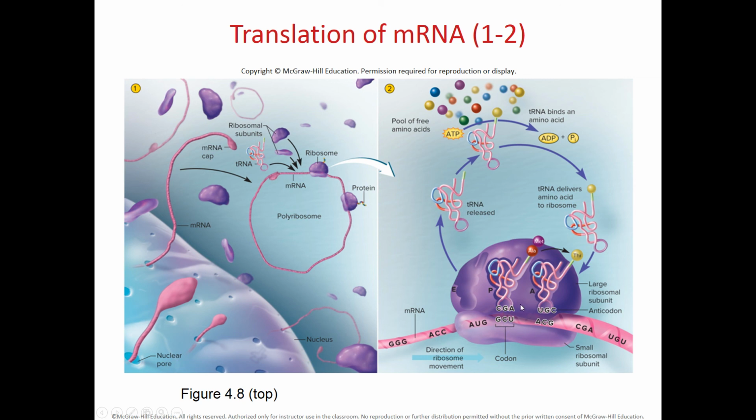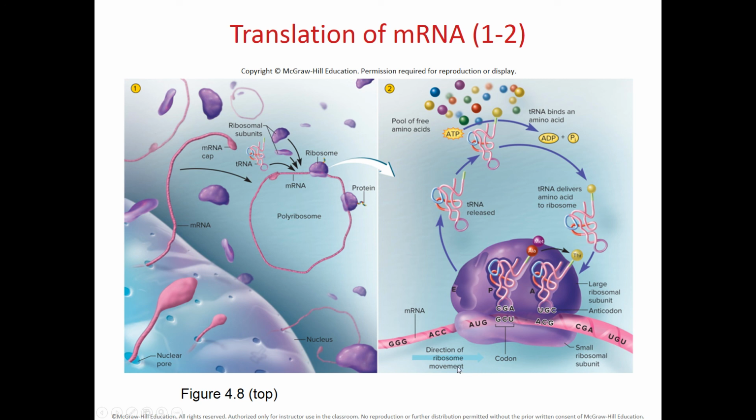And then these codons will bind to anticodons that are found in the tRNA, and this tRNA will make a cycle, so it will bind on this end the amino acids that are found in the pool of amino acids in the cytoplasm. And as they're doing that, they spend ATP, and then they bring it into the growing chain of polypeptides to make a protein.